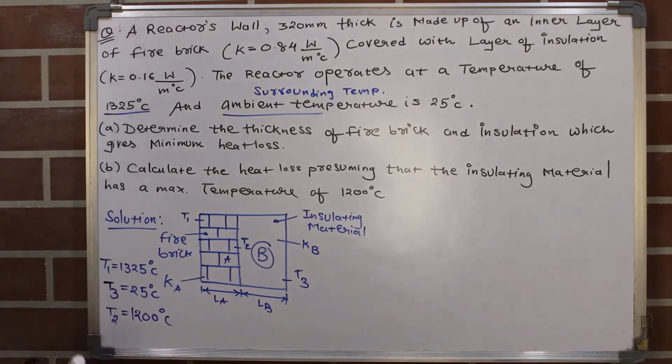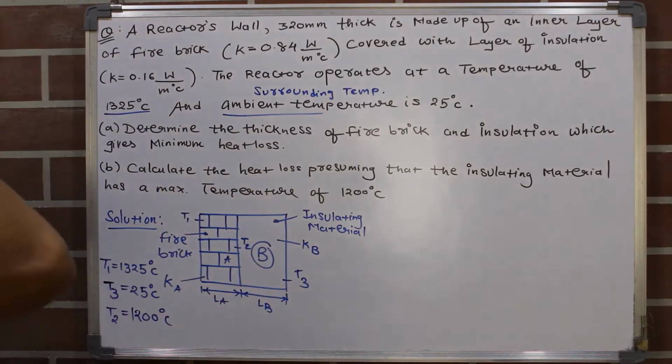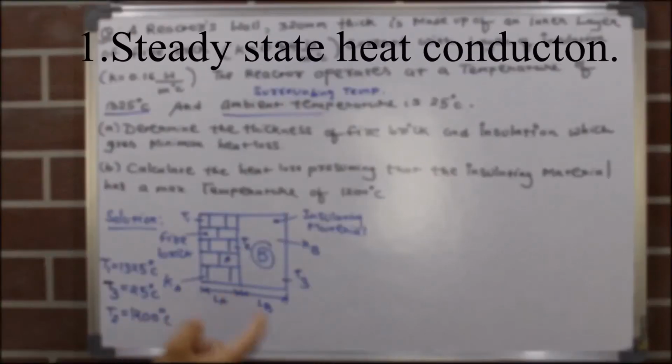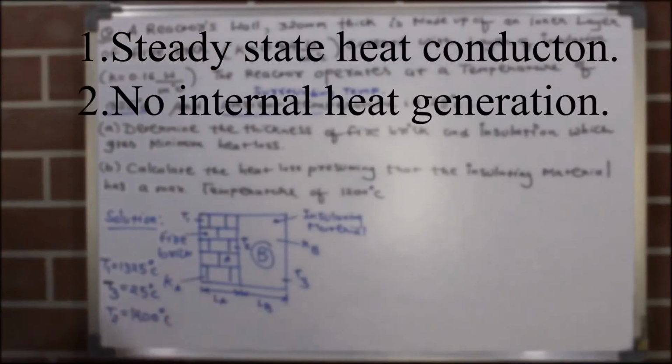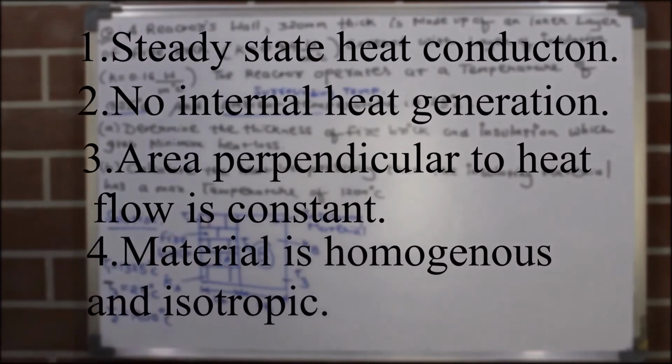Now, as we know, our derivation of heat conduction through composite walls is under assumptions. The assumptions are steady state heat conduction, no internal heat generation, constant area perpendicular to heat flow, and the material is homogeneous and isotropic.